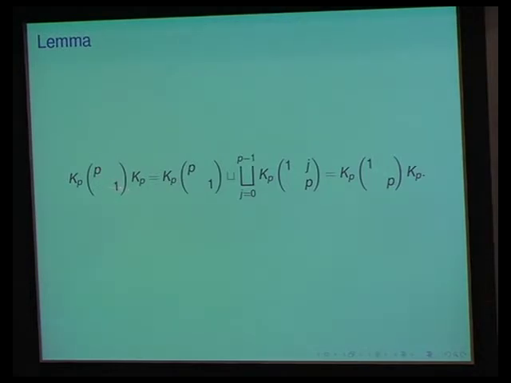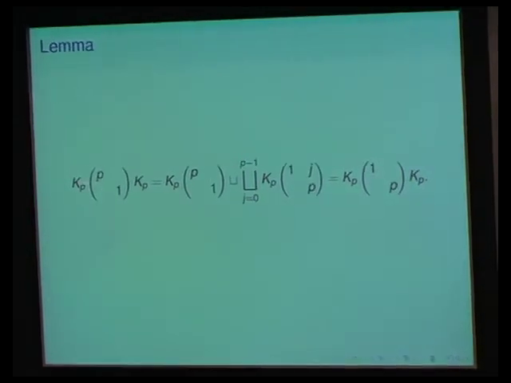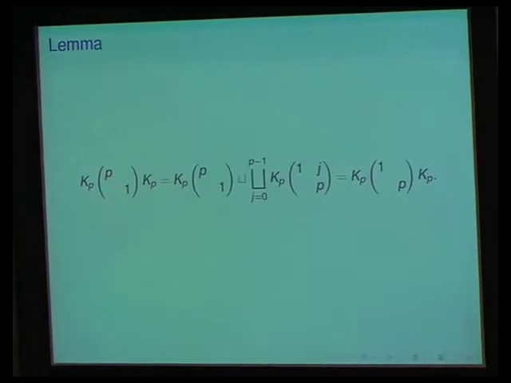The element p1 is not an element in PGL2 Zp. It looks like it is, but it's not, because the determinant of it is p, which isn't a unit in Zp. So this is outside of KP, but you can look at this double product thing.